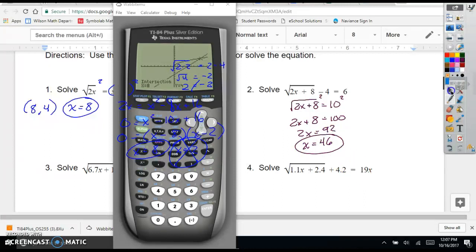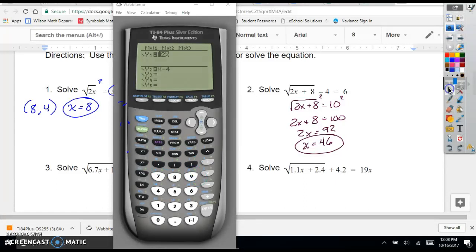Okay, let's go ahead and do this on the calculator. I'm going to erase some of this so I can actually see. All right, so we have, clear this, square root of 2x plus 8, and then my minus 4 is outside that.